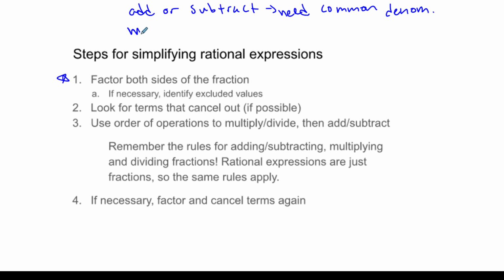When I multiply fractions, I just go straight across. And then when I divide fractions, we have to remember what we do when we divide fractions.